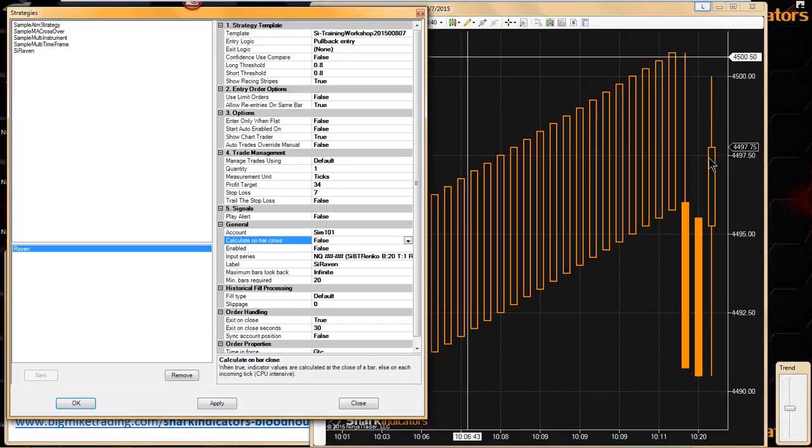So Raven's actually using the closing price that's moving in real time on this current bar that's building. That's how we're able to get this system to work, by setting this to false. So the current closing price is the one that's moving, and the previous closing price will be on the previous closed bar here.